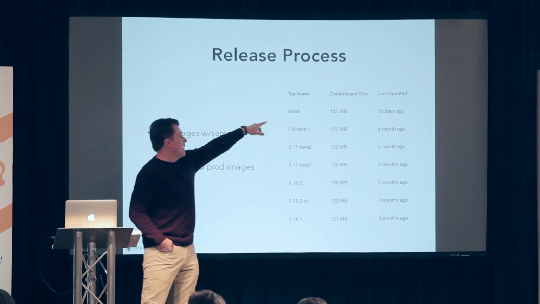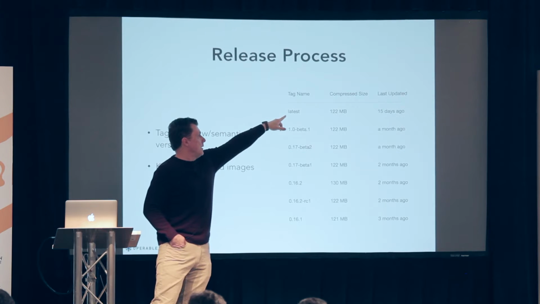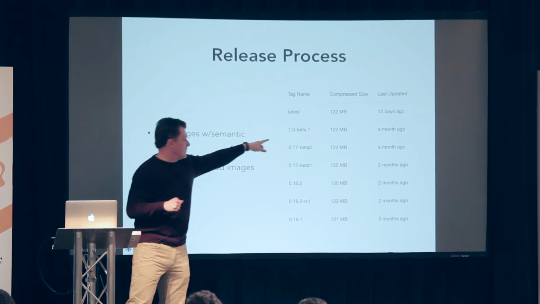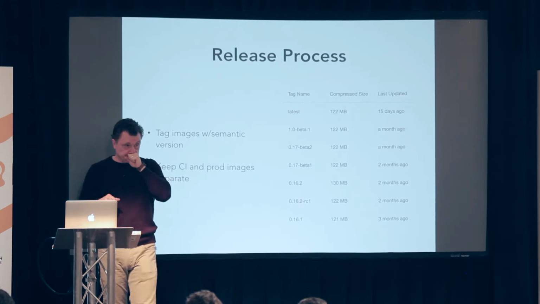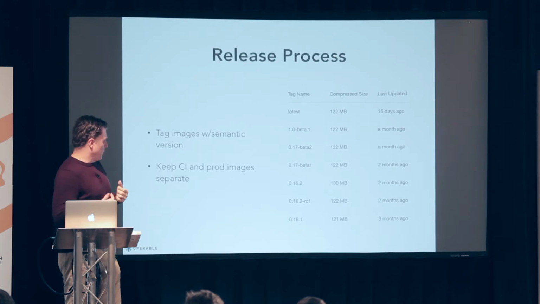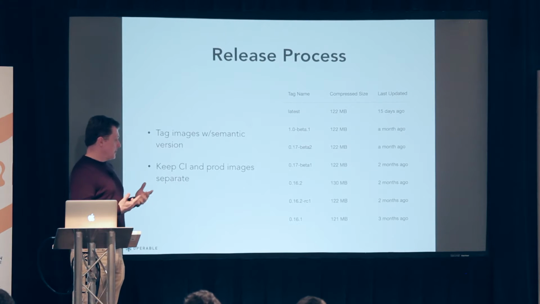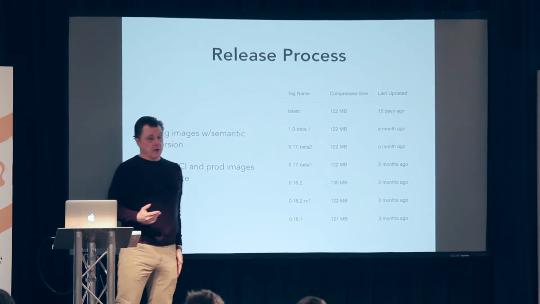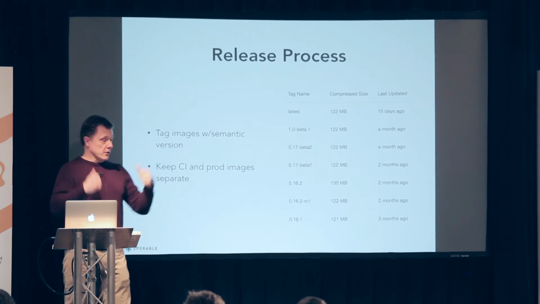We also follow the Docker convention of using latest as a symlink tag that always points to the most recent stable release. So if users are really interested in trying out the latest and greatest, they don't have to know the version. They can just say docker pull cog:/latest, and they're good to go.